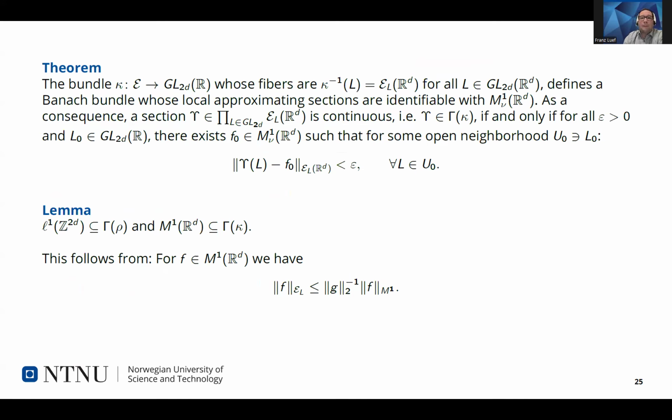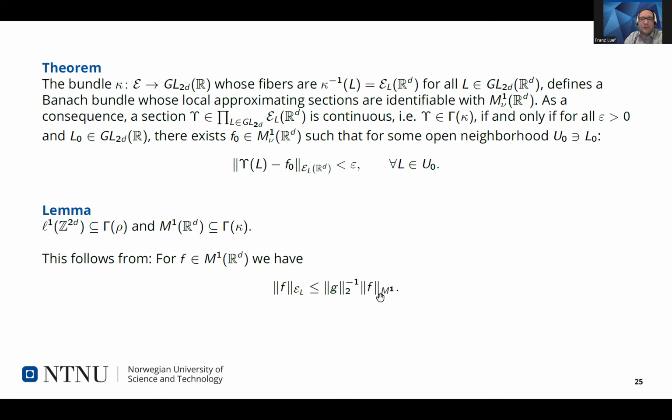And this somehow is one of the main results. Also, this is one of the results that Feichtinger and Kaiblinger used for the M0, also for the M1 case, which we can now do for the Heisenberg module case. And so we can approximate anything in these sections by something nice in M1.